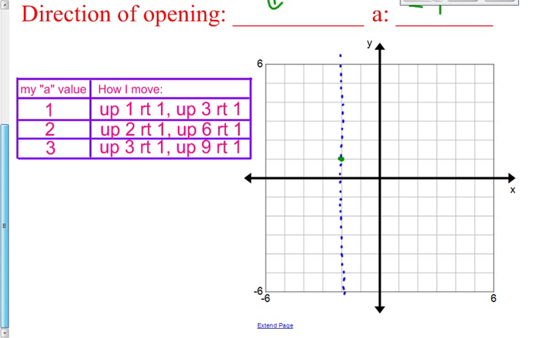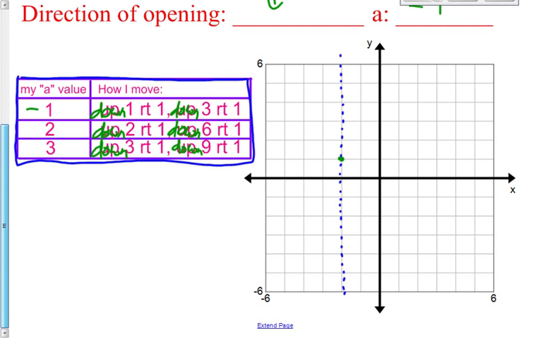And now I'm going to use these patterns for A. And remember on a previous video lesson how I said if A is negative, just change all of these ups to downs. So every single one of these ups is downs. So if my A value is a negative 1, what's my pattern for A?